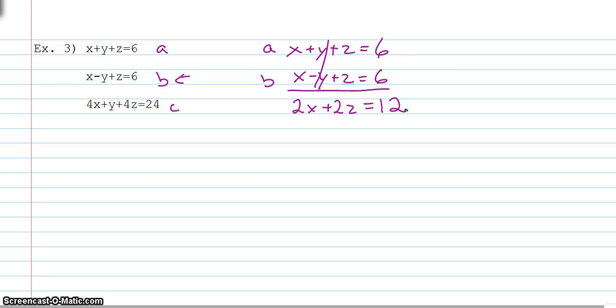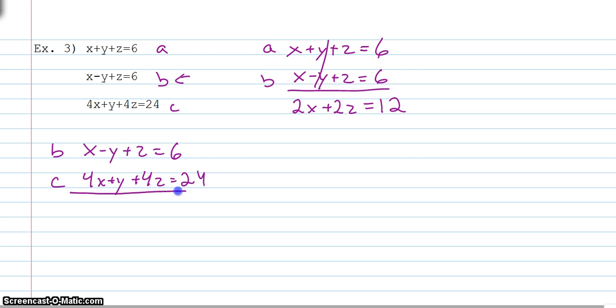So let's use that equation b again to get rid of the y again. So we've got x minus y plus z equals 6. Add them.